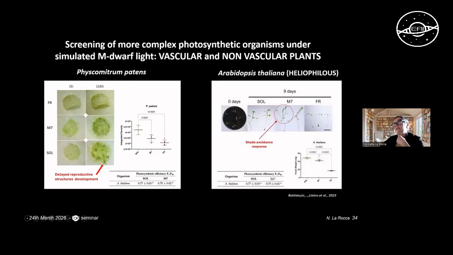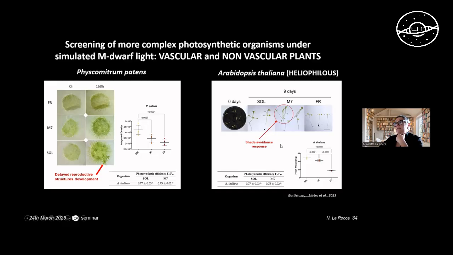And finally, we analyzed the responses of Arabidopsis thaliana, a model plant, a heliophilic plant that likes light very much, so not an understory plant. And in this case, we observe that photosynthetic tissue maintains quite good photosynthetic efficiency, but the growth of the plant is not normal, it is altered, with the petioles of the leaves quite long, and the plants grow in a different way with respect to plants growing under solar light.